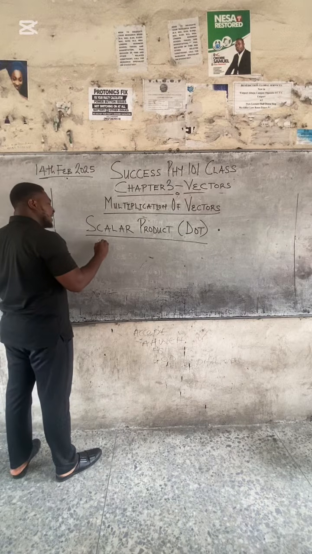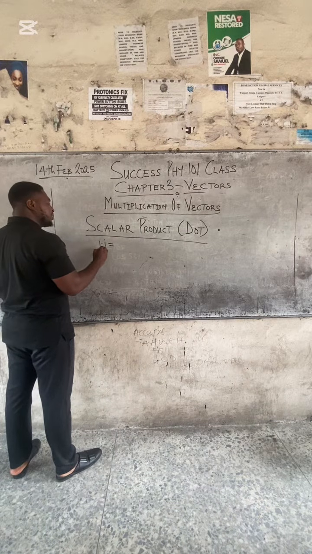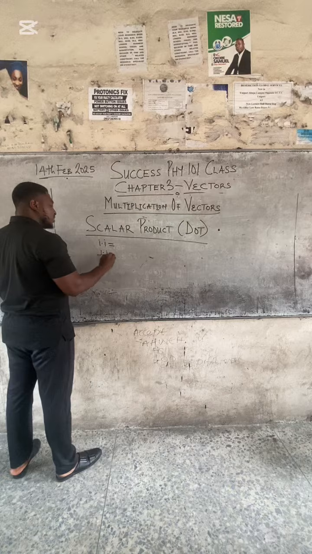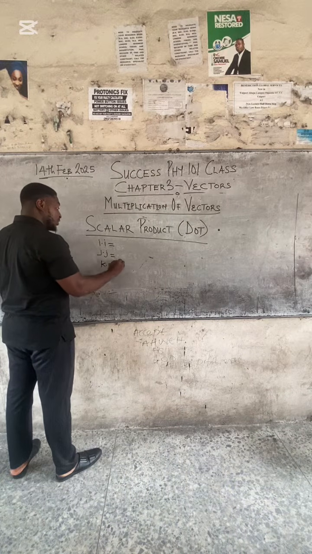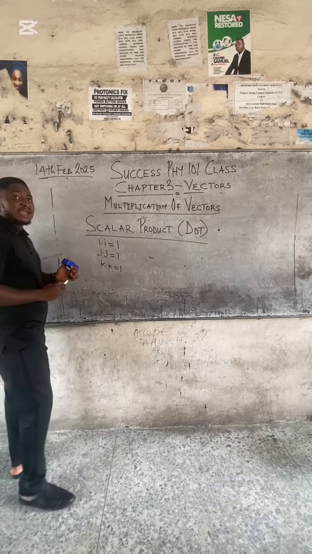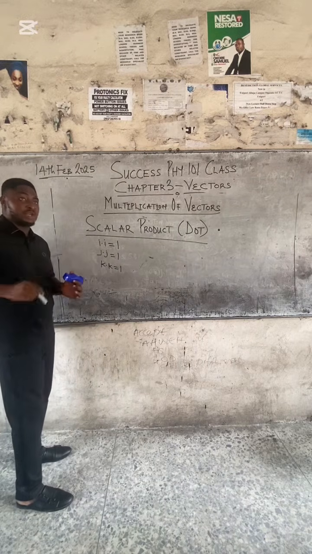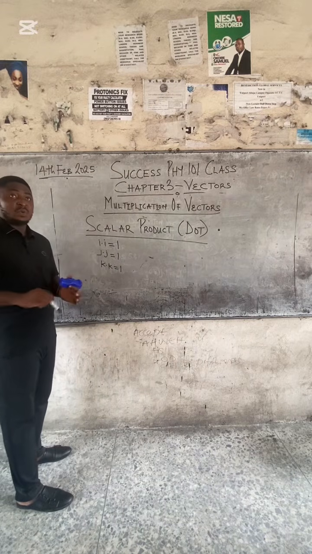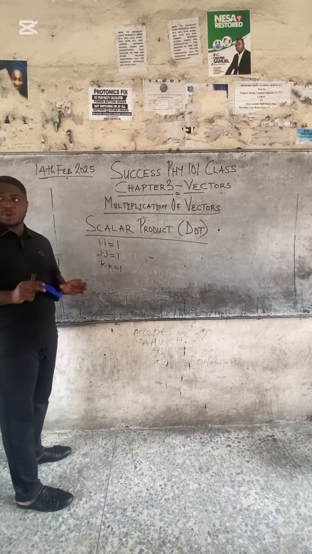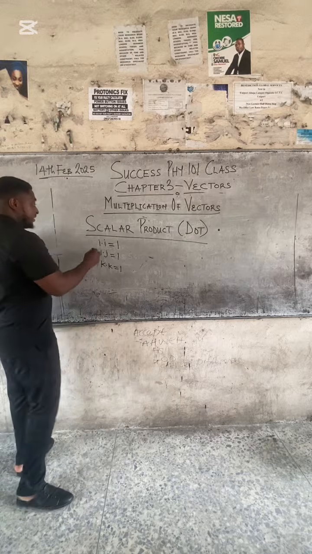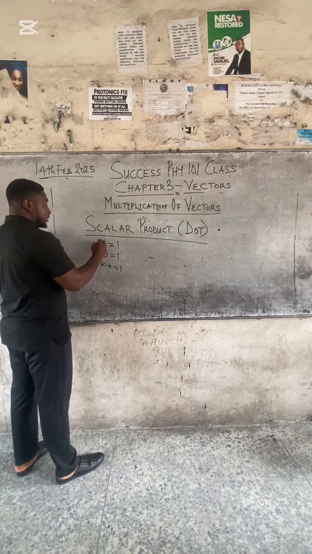Class, when multiplying with the scalar product, similar vectors, I to I, J to J, K to K, is 1. Class, I dot I is 1. J dot J is 1. K dot K is 1.